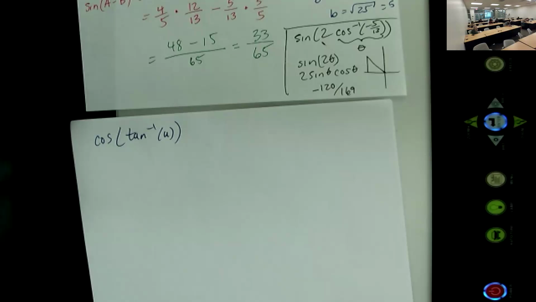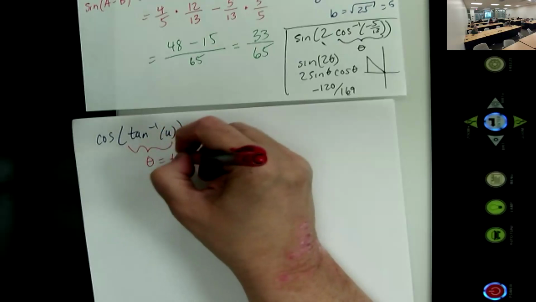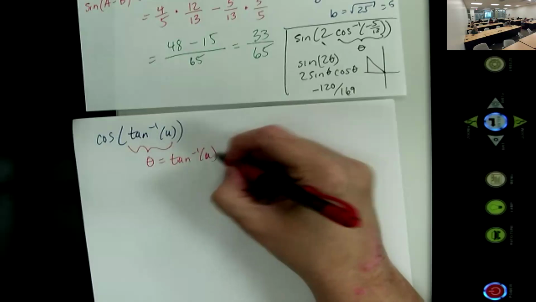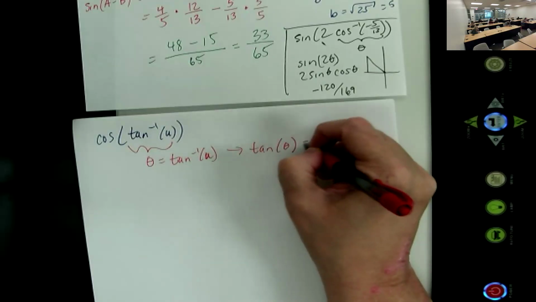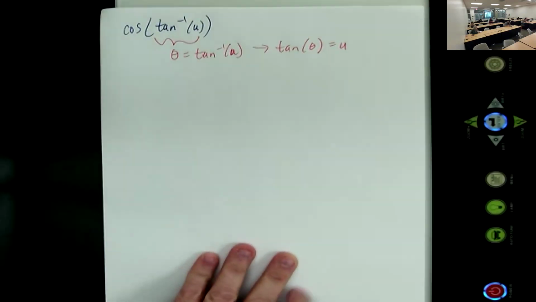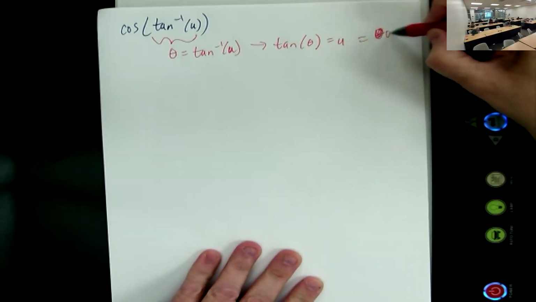So this is my theta. So tangent theta is u. And tangent is opposite over adjacent, right?